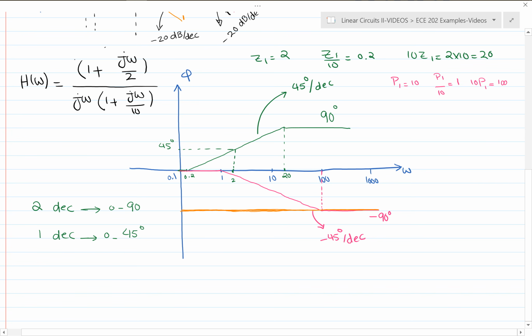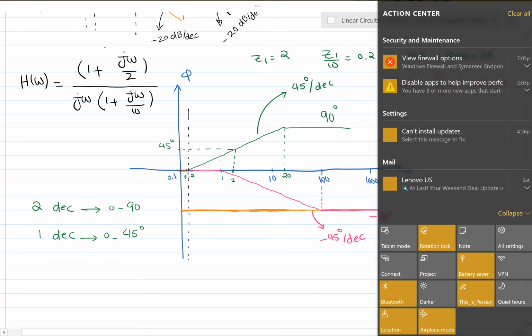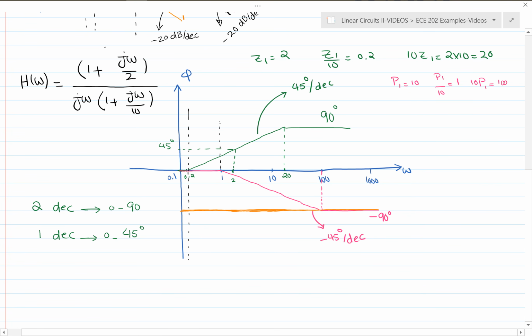So it is 0.2, which is here. As I said, we can't say for sure that at these frequencies the Bode plot will change, because if for example other ones are 0, then nothing will happen. So this goes to 0.2, and then 20 is another frequency, and then 100.